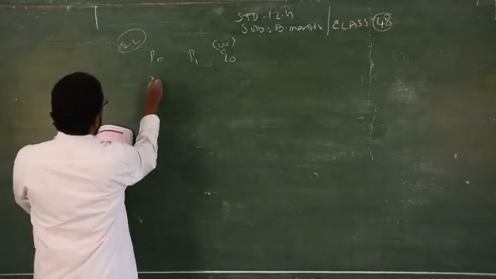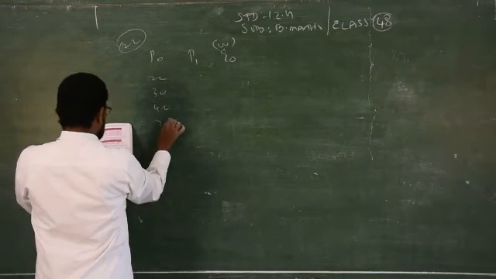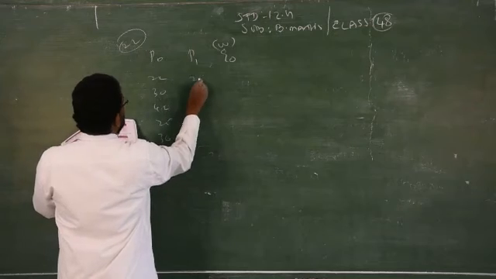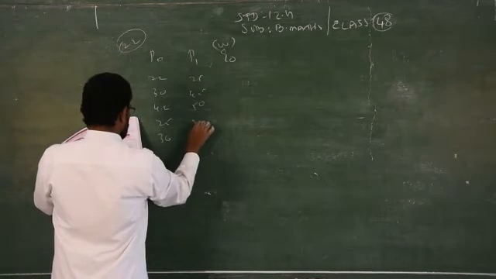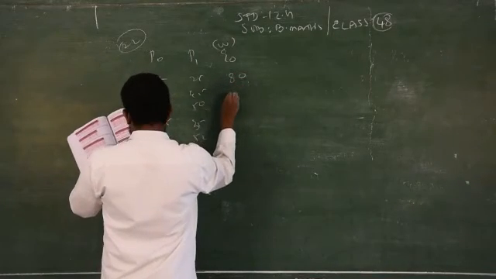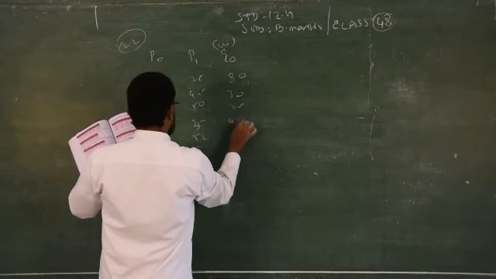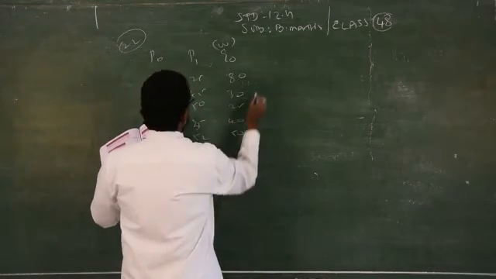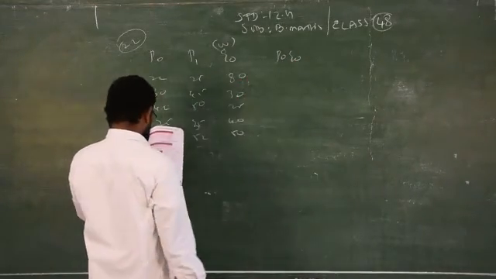So P naught, P1, Q naught. What is P naught? 22, 30, 42, 25, 36. P1 is 25, 45, 50, 35, 52. Weight, that is Q naught: 30, 25, 40, 50. We must know P naught and Q naught.